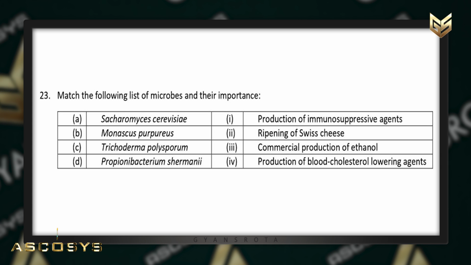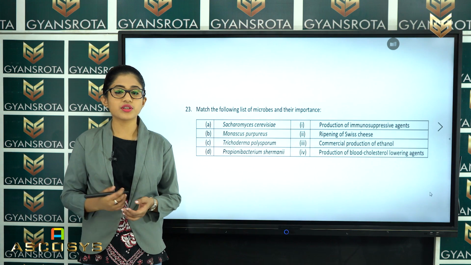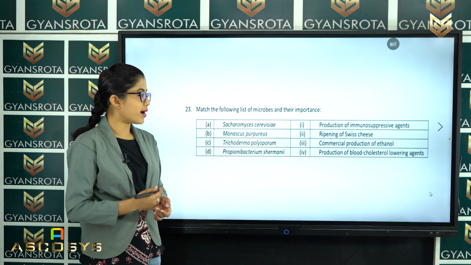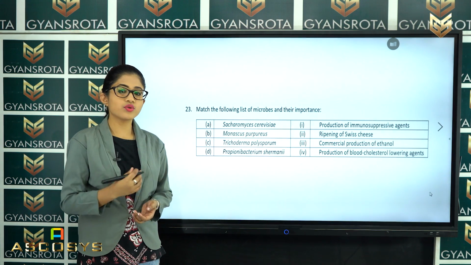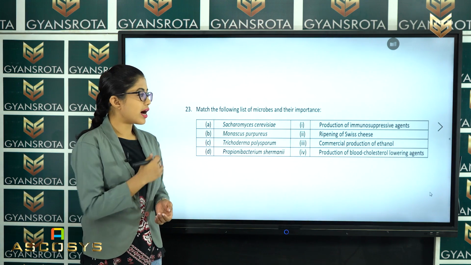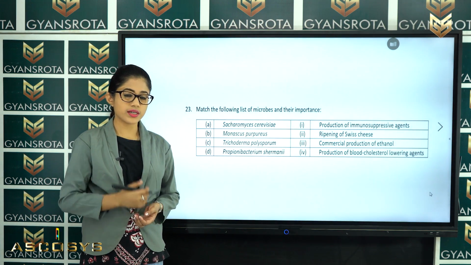And in column 2, all their functions and importance are given, like the production of immunosuppressive agent, then ripening of Swiss cheese, then commercial production of ethanol, and the fourth is production of blood cholesterol lowering agent. Well, this is from the chapter Microbes in Human Welfare. So, what we have to do? We have to match column 1 with column 2 to know the importance of each of these microbes. So, let us see after matching what the answer is.